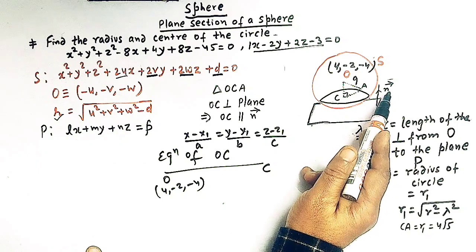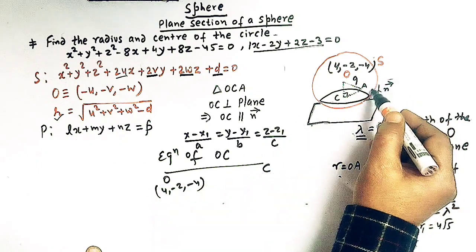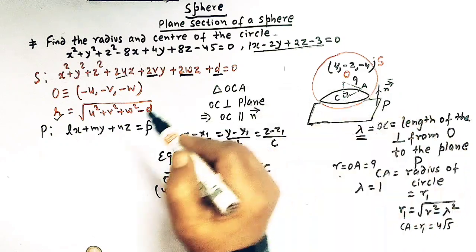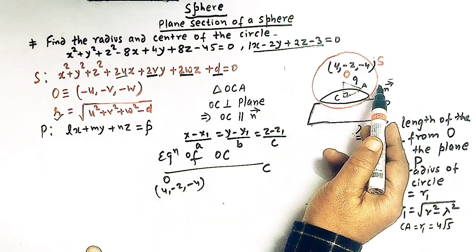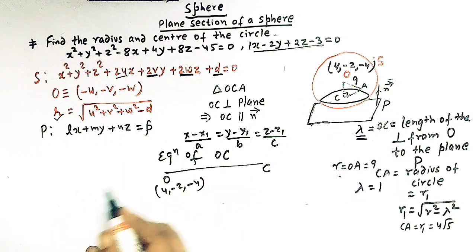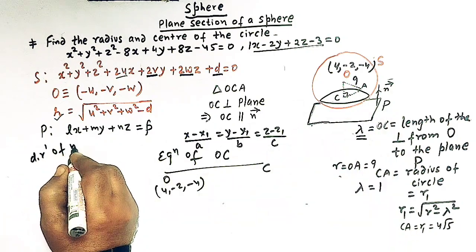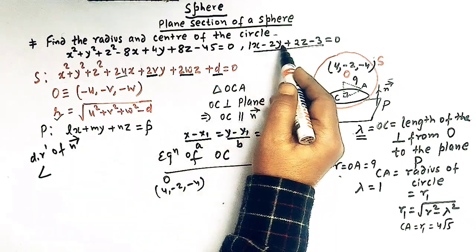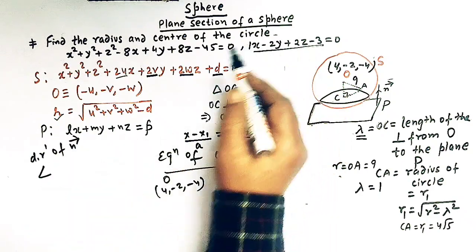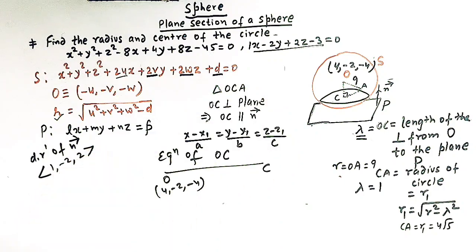And the direction ratios of OC are the same as the direction ratios of the normal vector, because this line OC is parallel to the normal vector, and the direction ratios of the normal vector are given by the coefficients of x, y, and z. So here we have 1, -2 and 2, right?